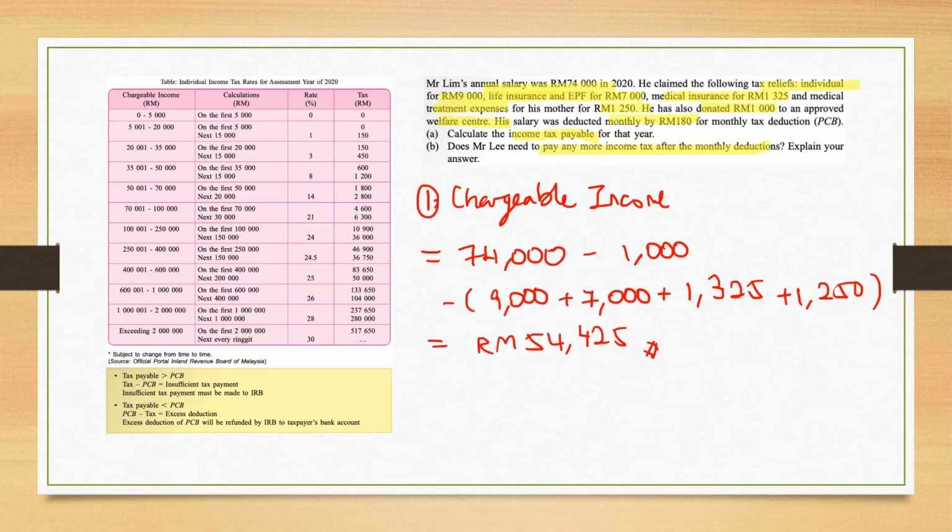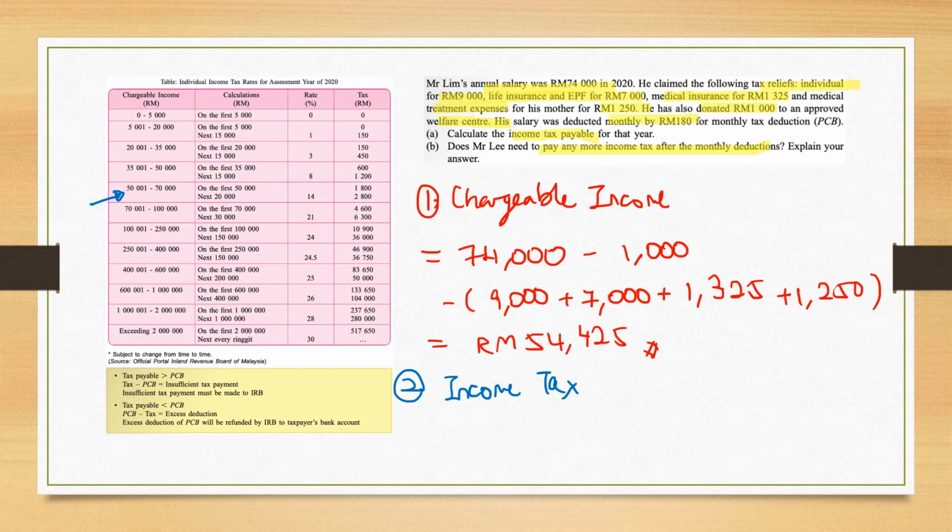Now let's look at our second step, which is finding our income tax. Do you remember? Look at your chargeable income amount and look at your table. That's where your table is useful as well. Again, 54,425 would be within this particular range right here.